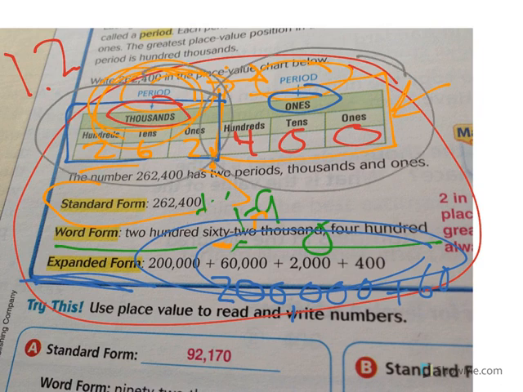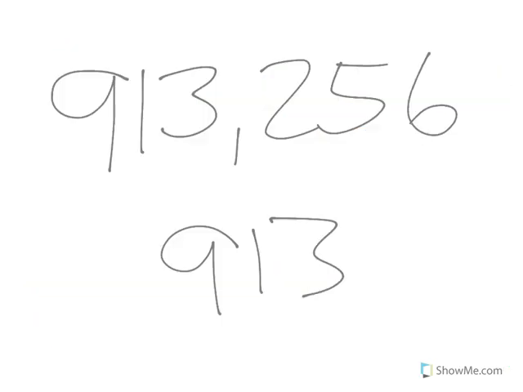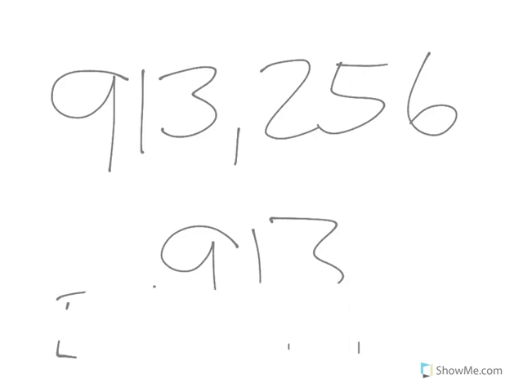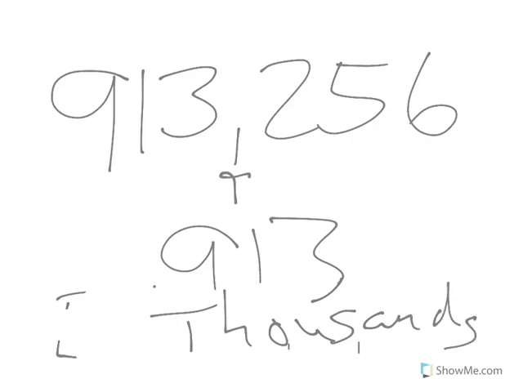So if I need to, write that right here for your kids, write your box, and you can separate it out that way. What they need to know is that this number right here, that 913, is before the comma, so it'd be in my thousands period. If it was 256, it would be my ones period because it's before this comma.